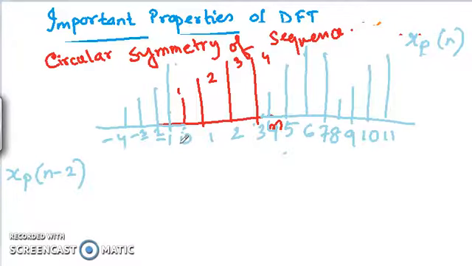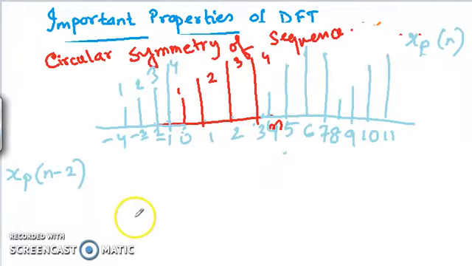Everything will shift in sequence. The value that was 1 moves, 4 is coming at 1, and 1 and 2 are coming at positions 2 and 3.